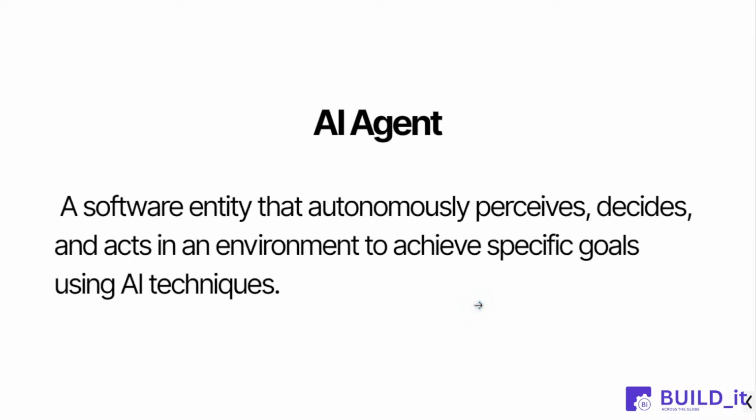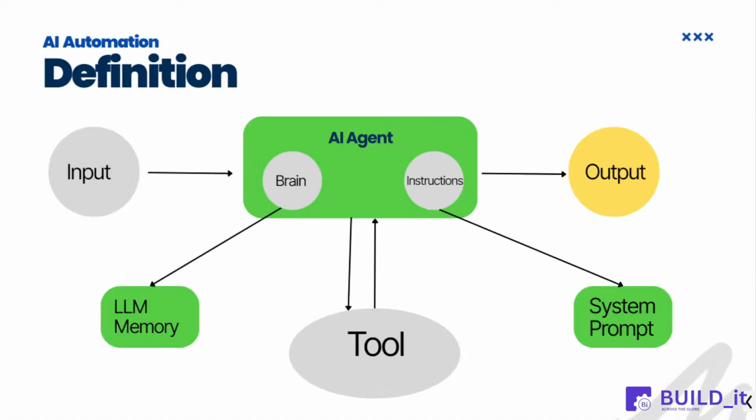Now, an AI agent is a software entity that autonomously perceives, decides, and acts in an environment to achieve specific goals using AI techniques. This is a simple definition. I've already explained this definition in our previous lessons, the first lesson we had, the first day, right? So you can go back, but then I'll explain that in detail here.